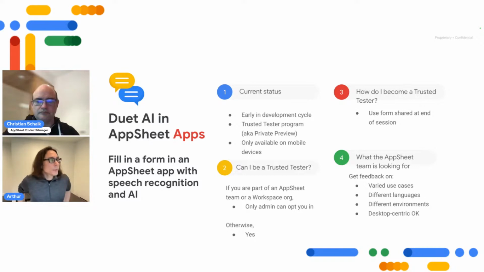One thing to point out: I said it's only available on mobile devices, but we've already heard from some trusted testers that they would be interested in having this on their laptop or desktop. And so if you're also interested in that, please sign up. We will not discard your use case, essentially.